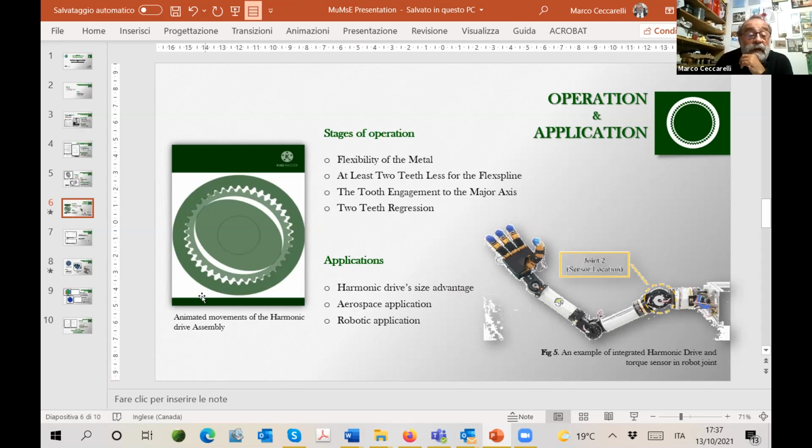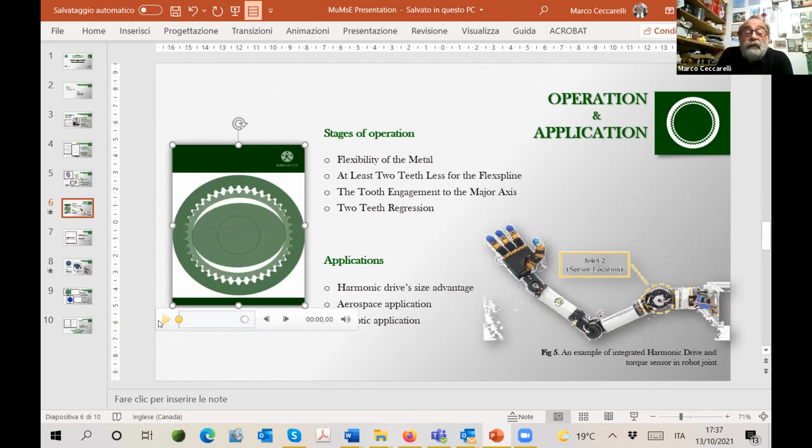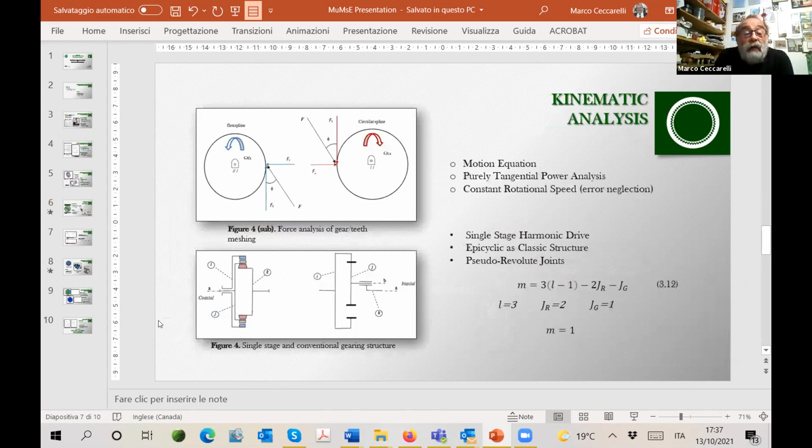There should be an animation here of the functioning that he made by himself in order to better explain and to extract the main mechanical characteristics of the transmission, which he also summarized in his kinematic modeling in order to derive this peculiarity and to find out the kinematic behavior of the system.